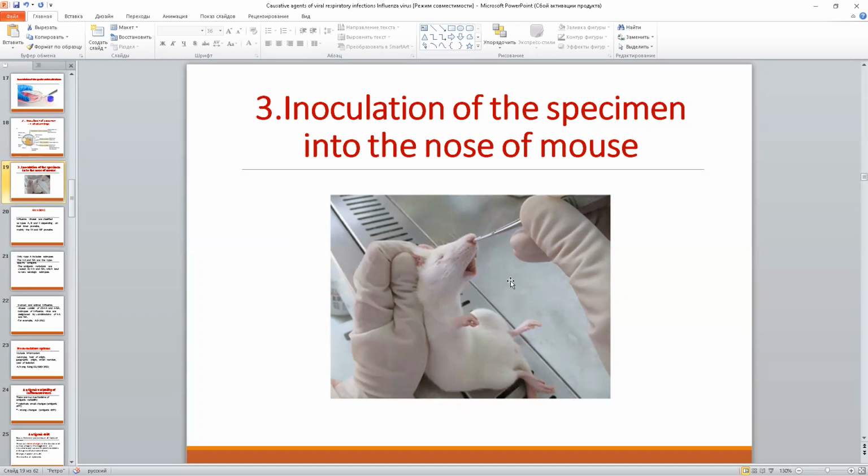In case of other viral infections, the specimen is inoculated maybe intravenously, maybe into the brain, like for Russian spring-summer encephalitis virus, which has affinity to neurons, so the specimen should be inoculated exactly into the brain. So the method of inoculation depends on the virus. In case of acute respiratory infection viruses, of course, viruses should be injected on the mucosa of the nose.